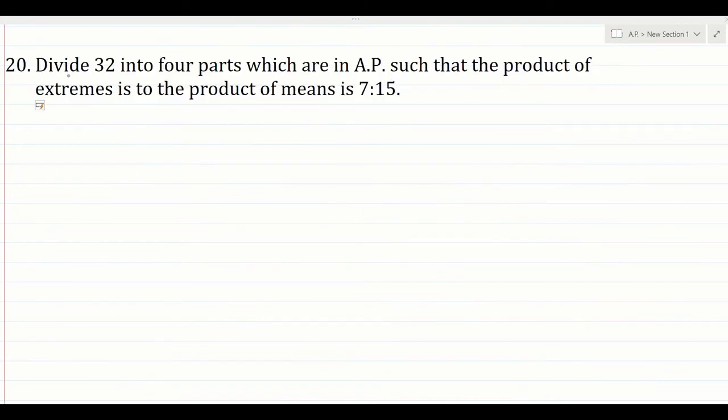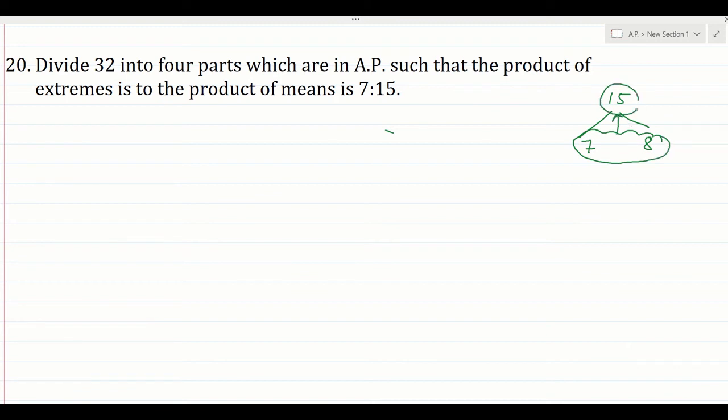Question number 20. Divide 32 into 4 parts which are in AP such that the product of extremes is to the product of means as 7 is to 15. Before I begin this question, here is one example. Suppose I have 15. I will divide 15 into 2 parts, 7 and 8. When I add these 2 parts, of course I must get 15.